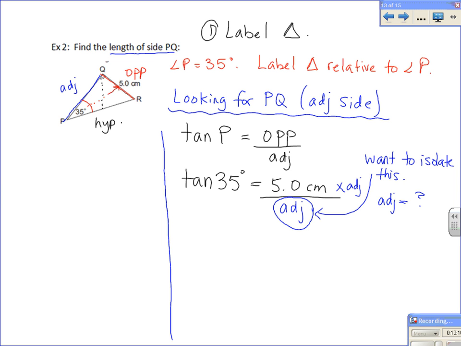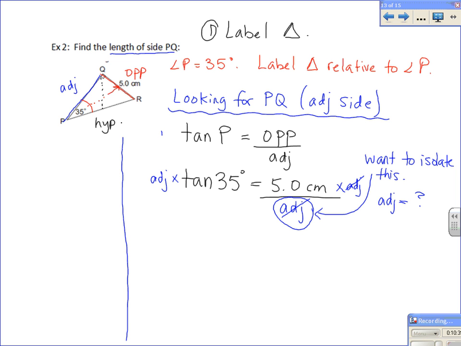So if you multiply that side by the adjacent, and I multiply this side by the adjacent, the adjacent will cancel here, so these two cancel to give me 1. And now I have the adjacent side times the tan of 35 is equal to 5.